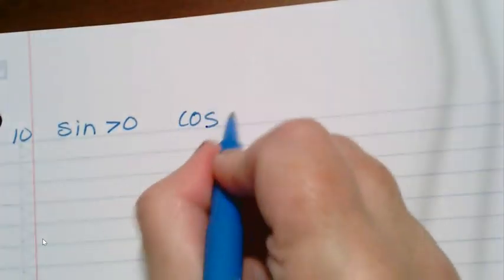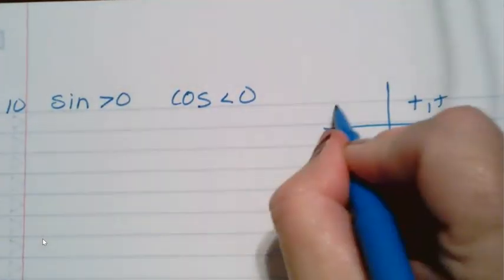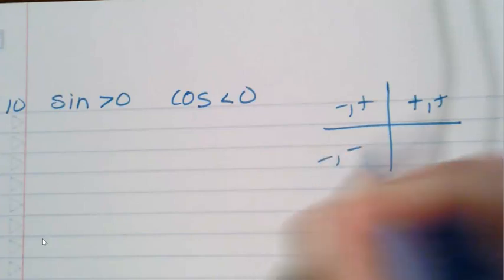And last but not least, number 10. So sine is greater than 0 and cosine is less than 0. Plus plus, minus plus, minus minus, plus minus.